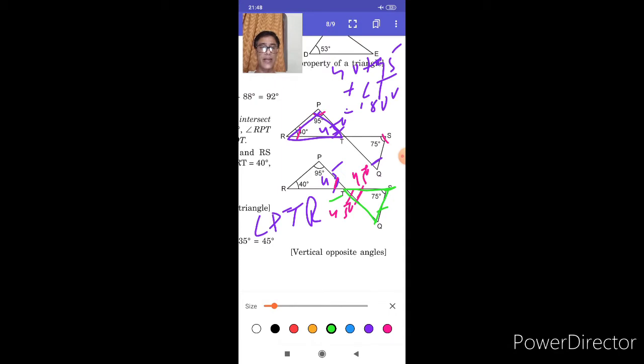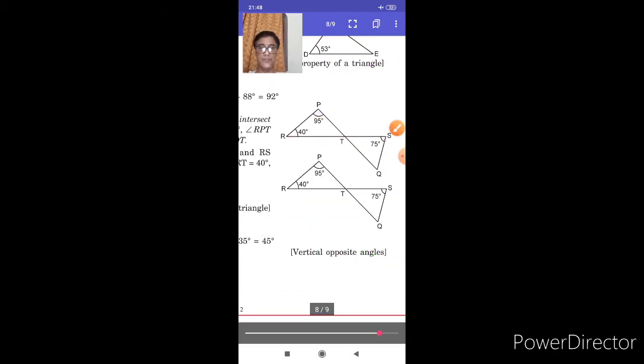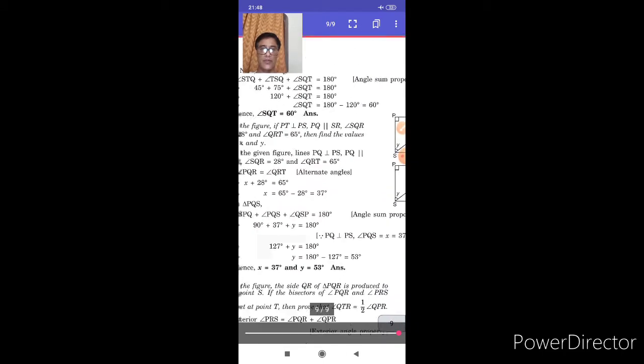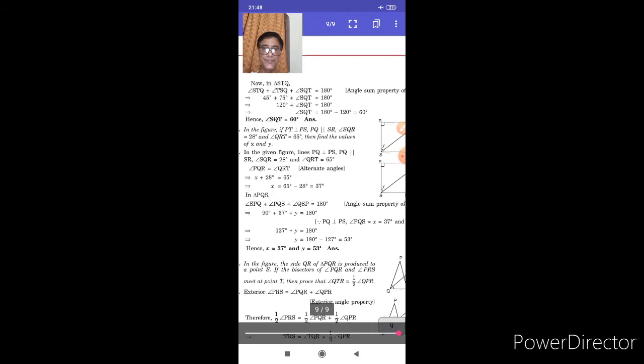Yes, again in triangle STQ we apply the angle sum property and find the third angle, angle Q. So angle Q equals 180 minus (45 plus 75), okay, 180 minus 45 plus 75, and the answer is 60 degrees. Now come to question number 5.